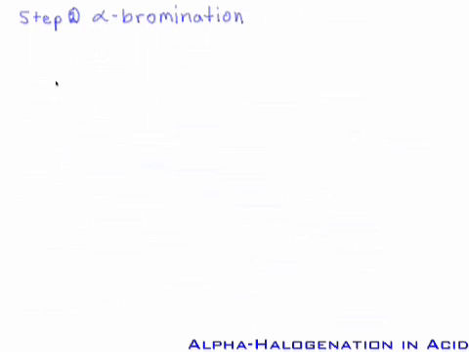So what we have, remember, is our enol. And the enol, we're going to react with X2. In this case, we're using as our X bromine.